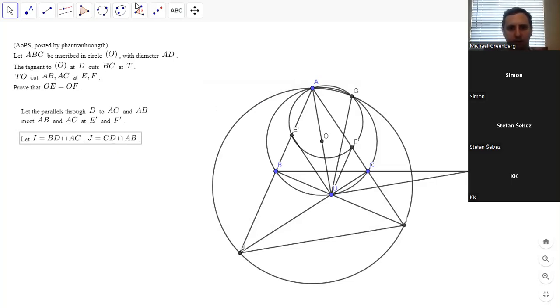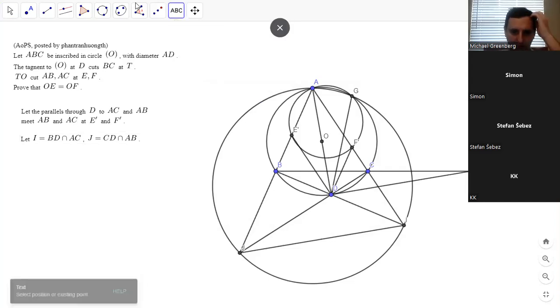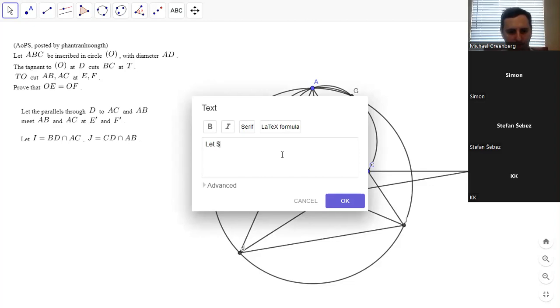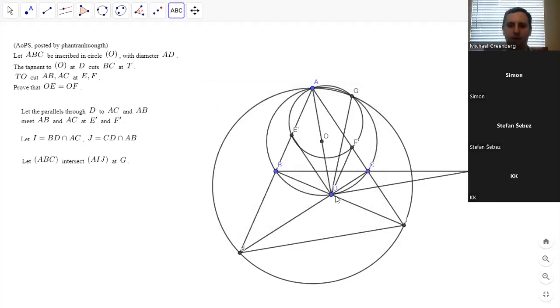Let ABC intersect AIJ at G. Okay. Then we want to show that AE prime F prime G is cyclic.